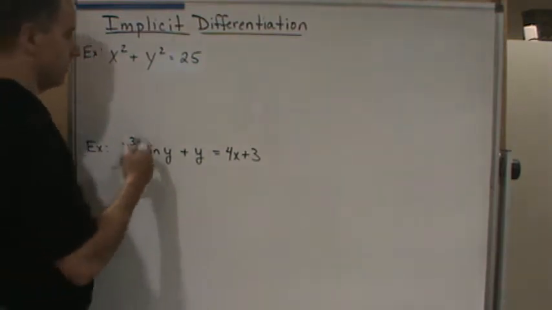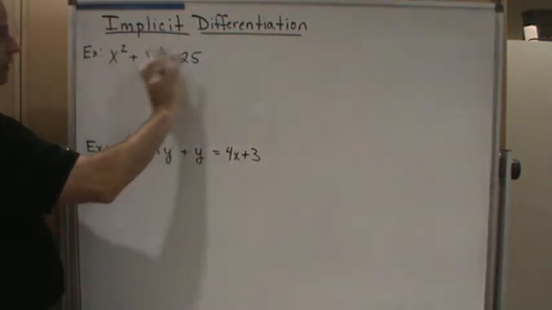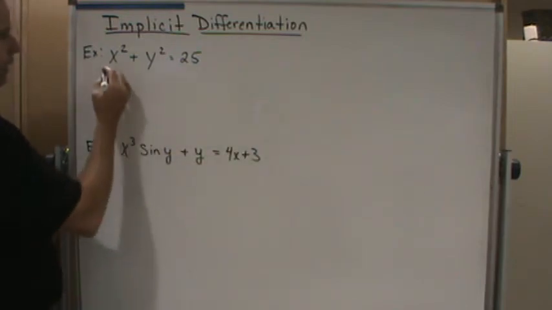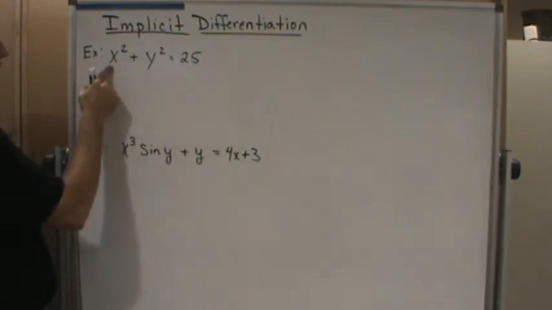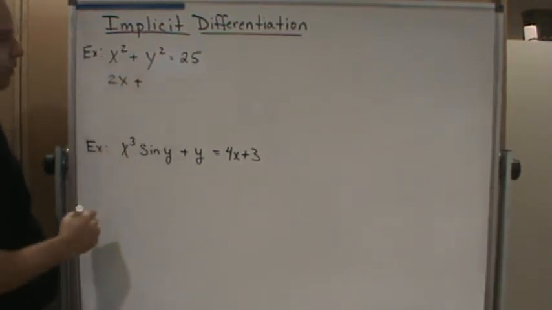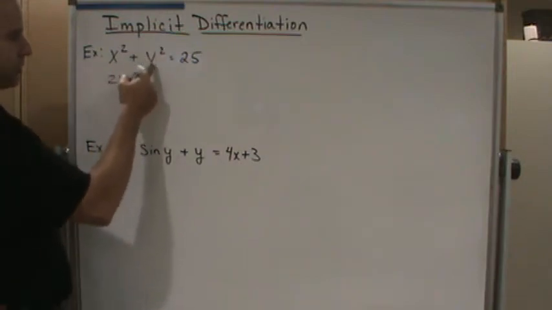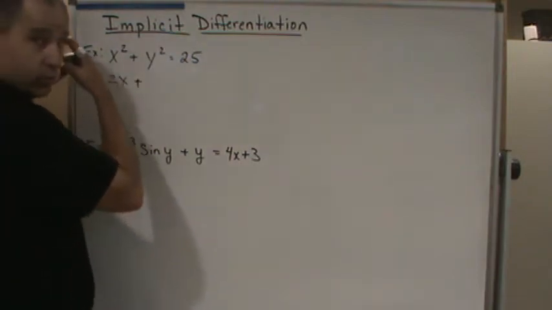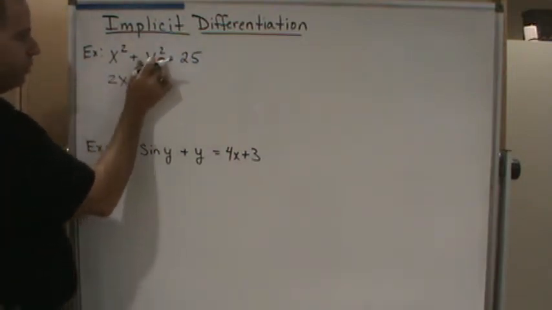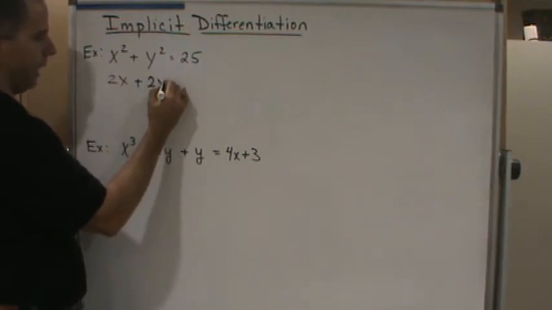Okay, so let's start. First of all, we're going to take the derivative of both sides. The derivative of x squared with respect to x is 2x, plus the derivative of y squared with respect to x. Remember, y is a function of x, so we're going to use the chain rule. It's a power rule with y inside, so this is going to be 2y.